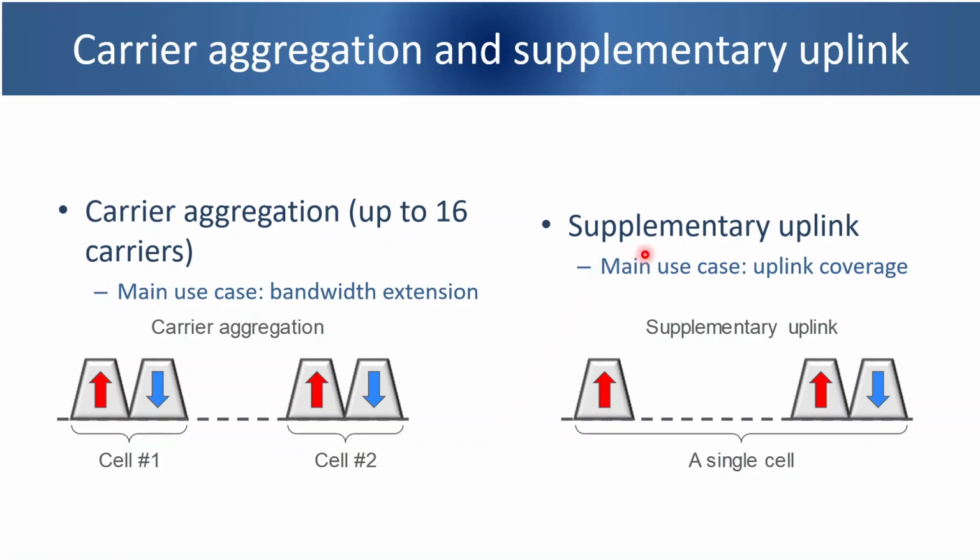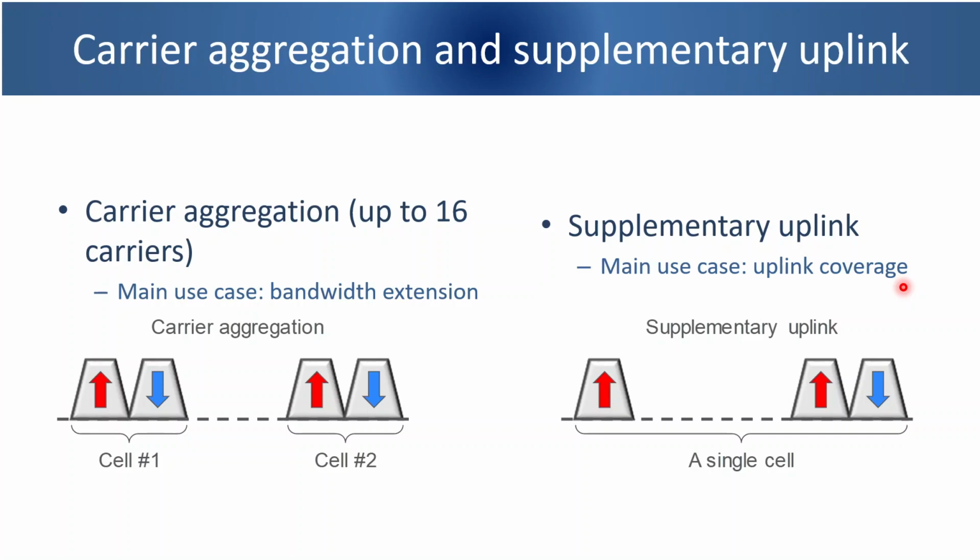In case we use supplementary uplink, the carrier aggregation used here is to increase the uplink coverage. Generally, a higher frequency band would give you lesser coverage, and the coverage limitation is mainly from the mobile side, from the uplink direction.